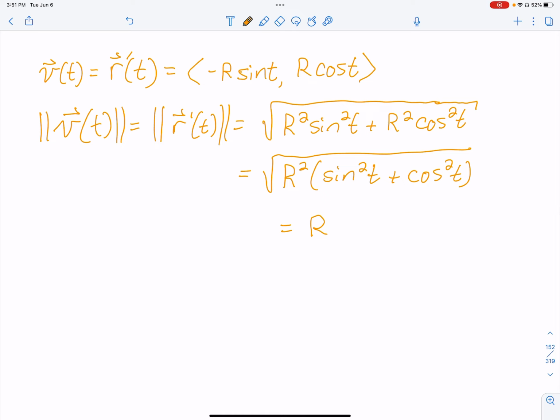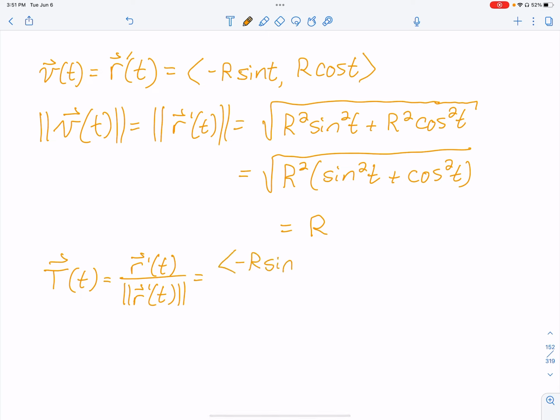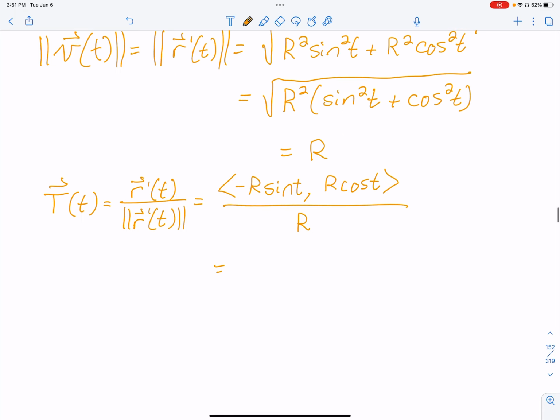So we're building to 2 different definitions. Let's do our unit tangent vector, which is equal to r prime of t divided by the magnitude of r prime of t. So I have r prime, which is negative R sine t, R cosine t, divided by its magnitude, which we just got was R. This unit tangent vector is negative sine t, cosine t.